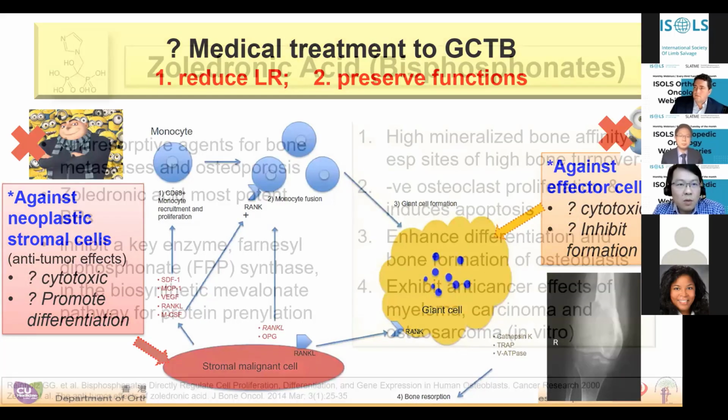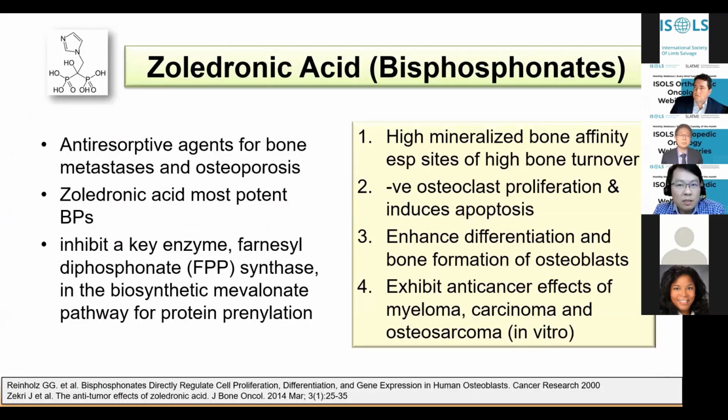So that's why in the past there are some drugs that can inhibit this kind of neoplastic component and also the resorptive part. Bisphosphonate, zoledronic acid, has actually been used for quite a long time as an anti-resorptive agent for bone metastasis and also osteoporosis. They act on the tissue level.